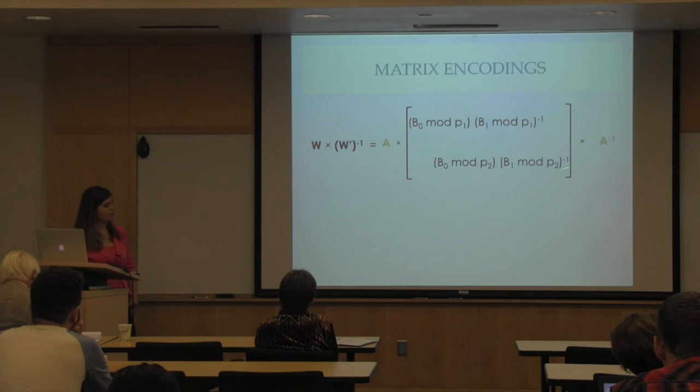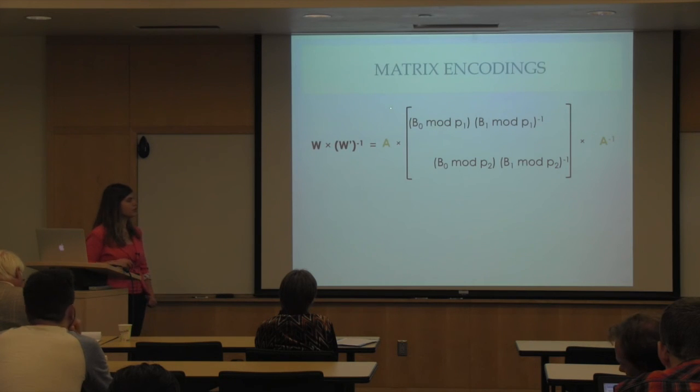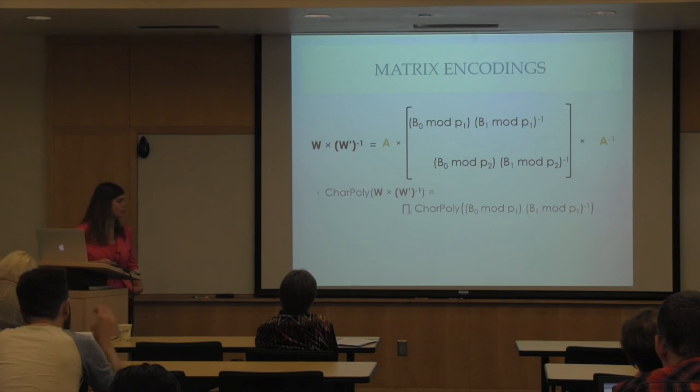And we'll have the same for the rest of the diagonal using the different primes. So now we cannot directly compute eigenvalues because we no longer have a guarantee that these eigenvalues are rational.